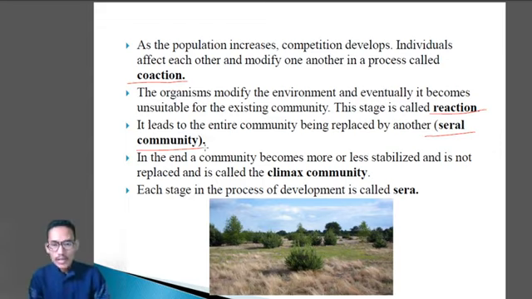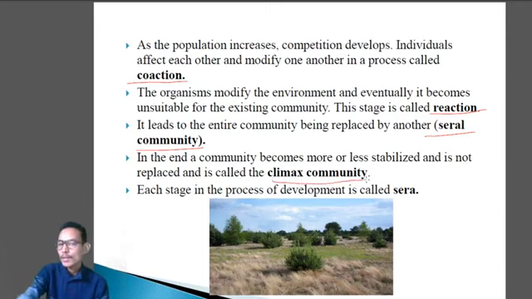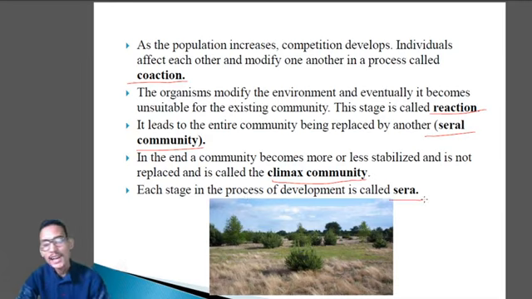Now after the seral community comes the next community, called the climax community. In the end a community becomes more or less stabilized, or reaches the stage of equilibrium, and that is called the climax community. Each stage in the process of development is called a sera.